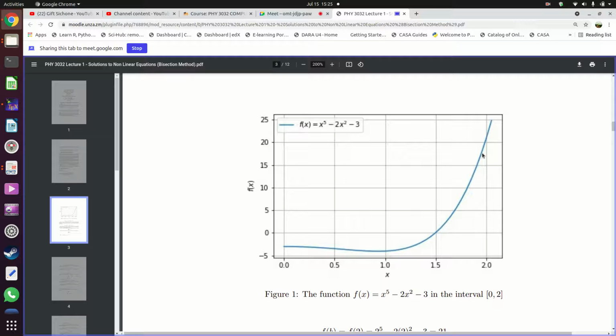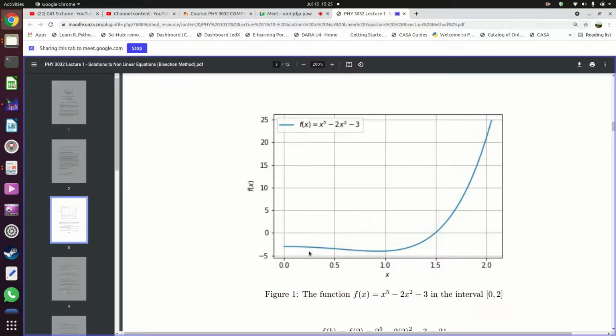This is the criteria we use to find out if there is a solution between a bracket. You look for what is the value of the function at the lower end of the bracket and what is the value of the function at the upper end of the bracket.